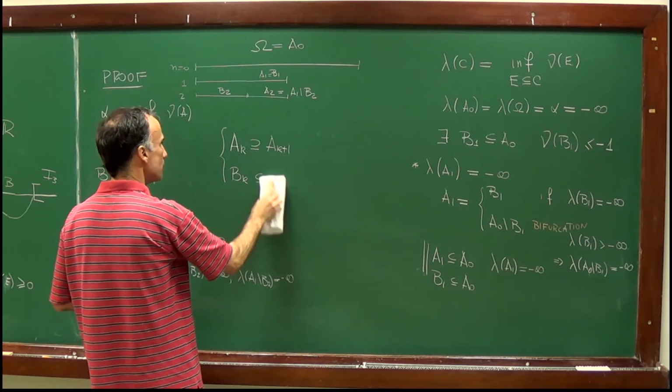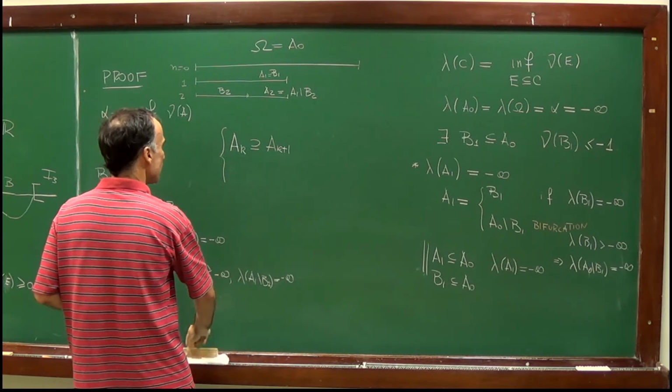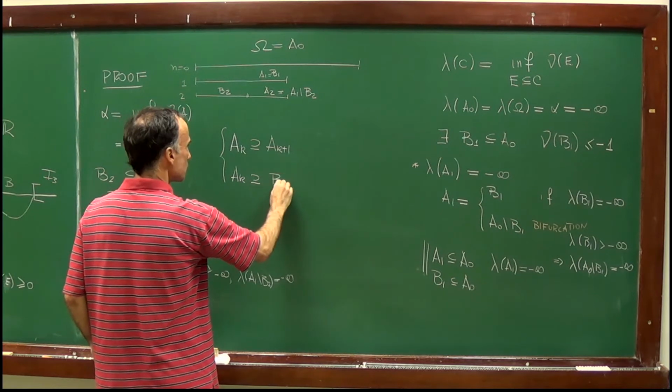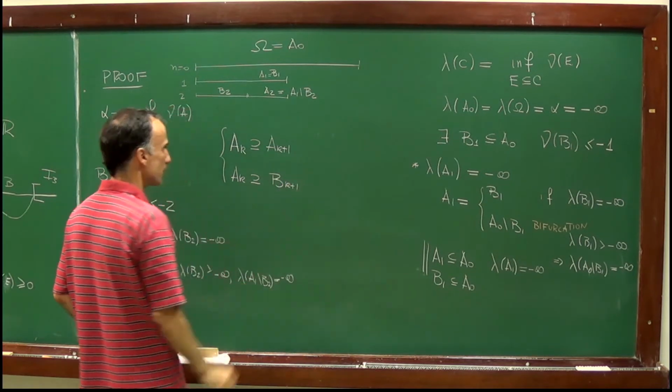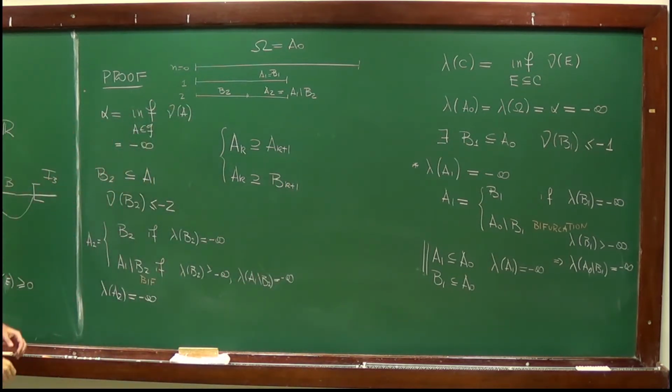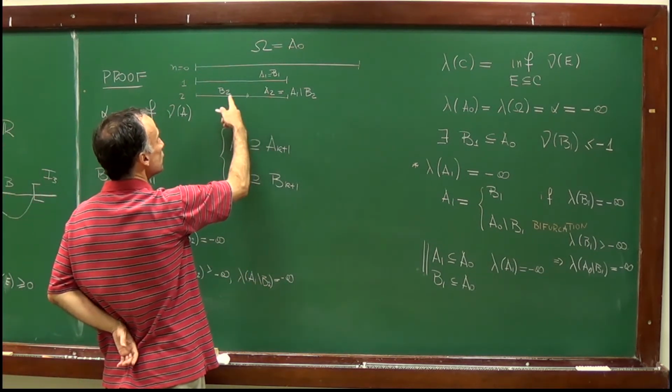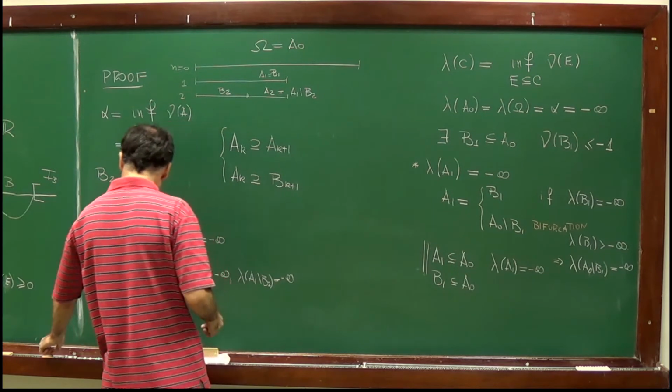So maybe I will write that: a_k also contains b_(k+1). Well, but what does that mean? That means that we had a bifurcation at level 2.